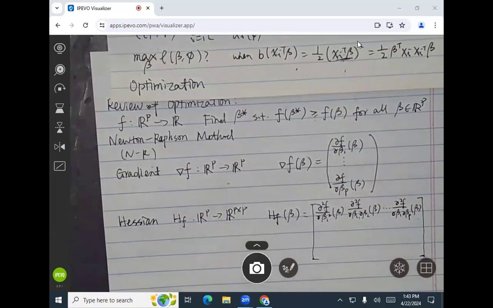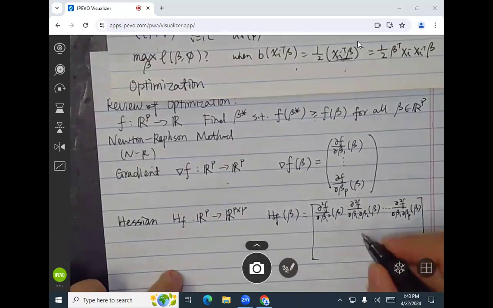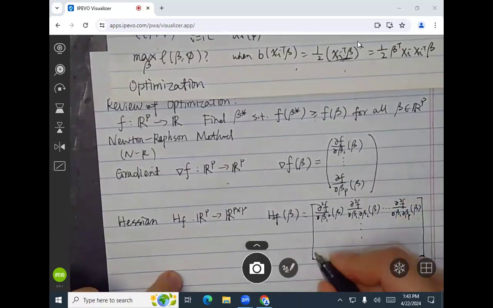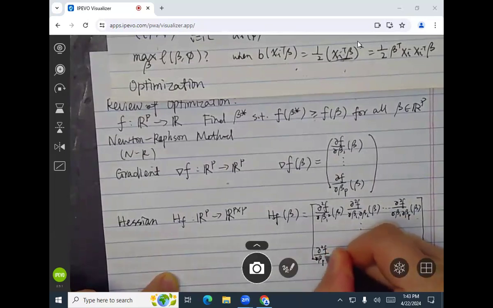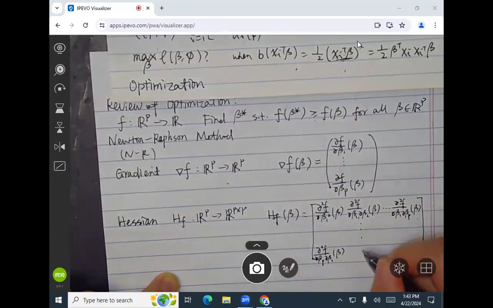That's my first row. And my last row would be partial square f partial beta p partial beta 1 at beta, then partial square f partial beta p partial beta 2 at beta, and finally partial square f partial beta p square at beta.